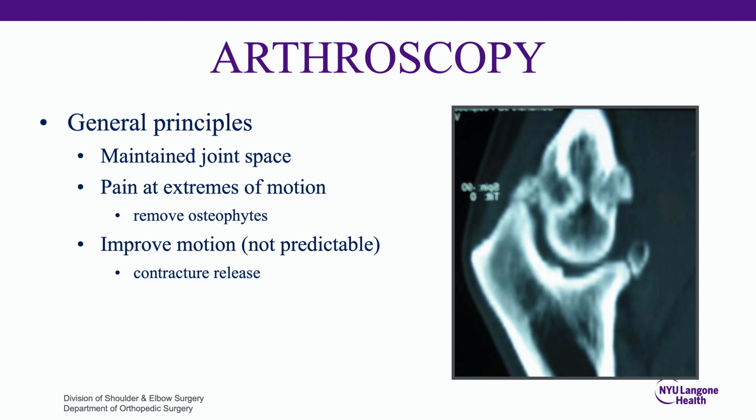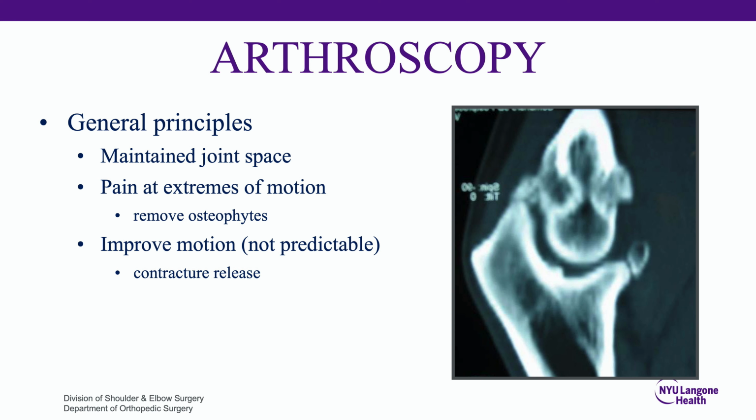So you see a patient here where the joint space is actually maintained, but they're going to have pain at extremes of motion, at extreme flexion and extension, because the osteophyte about the coronoid process is going to impinge against the osteophyte on the anterior coronoid fossa at terminal flexion, and a similar thing is happening on the olecranon fossa as well. So if you remove these osteophytes, the patients are going to feel a lot better and have less pain. By removing the osteophytes as well as getting rid of some of the contracture, the patients may also see some improvement in their motion.